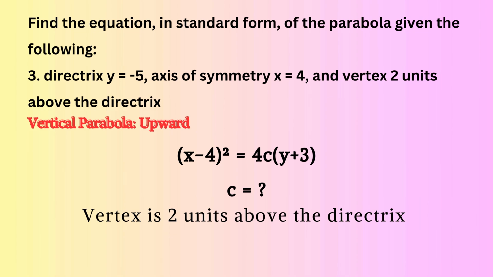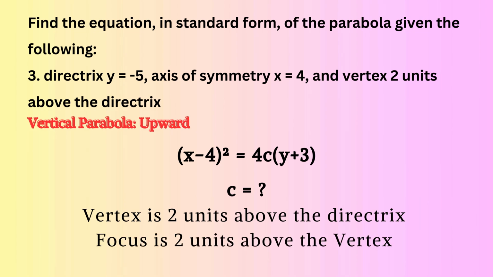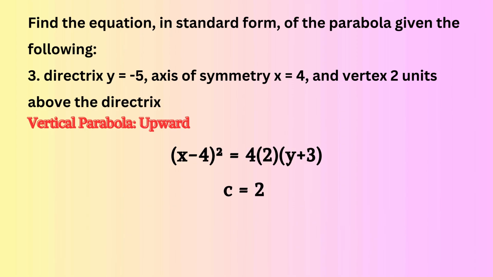This suggests that the focus is also 2 units from the vertex, and c is equal to 2. Substituting c with 2, we have (x - 4)² = 4 times 2 times (y + 3), or (x - 4)² = 8(y + 3).